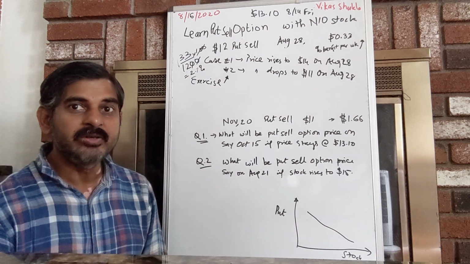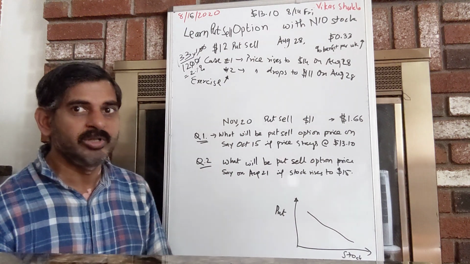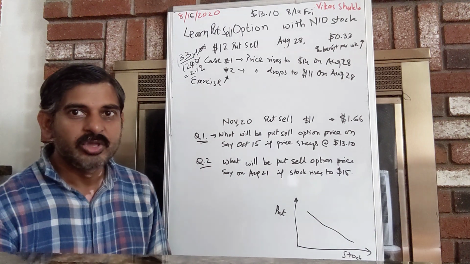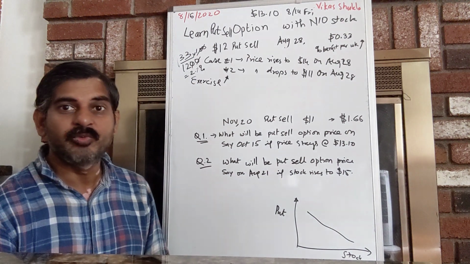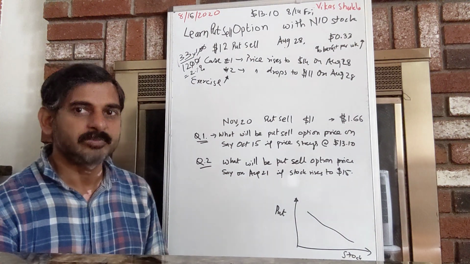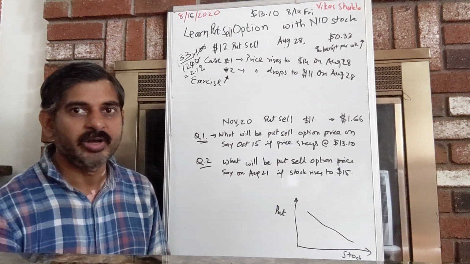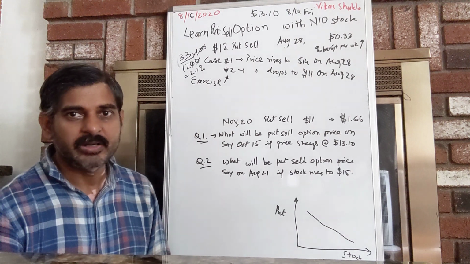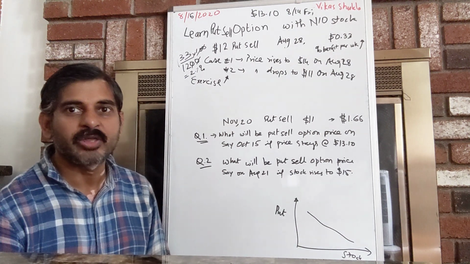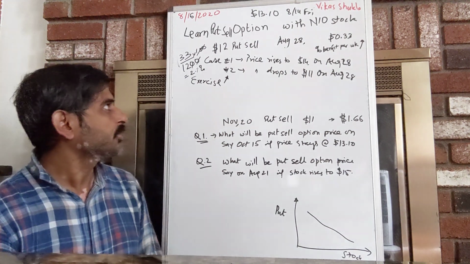Then in 52 weeks, if you keep doing this, refreshing it every 2 weeks, you end up making 52% profit over a year. Of course things will not always play out in your favor, and we'll come to that, but this is the kind of profit we are looking at with put sell options.